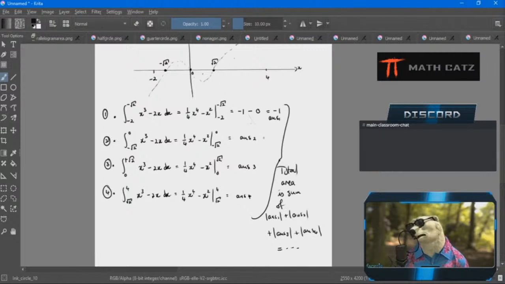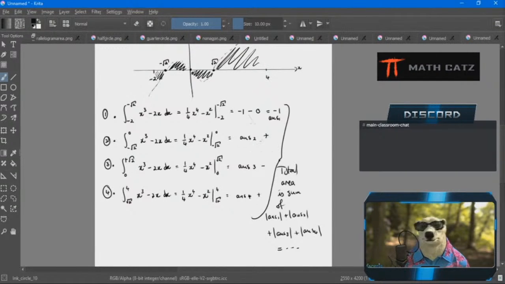I have to separate. The next one's going to be positive. The next one's going to be negative. The next one's going to be positive. If I do it all in one go, I get a number, but that number means nothing in terms of how much area is actually between the graph and the x-axis. I can't use that simple definite integral at all.